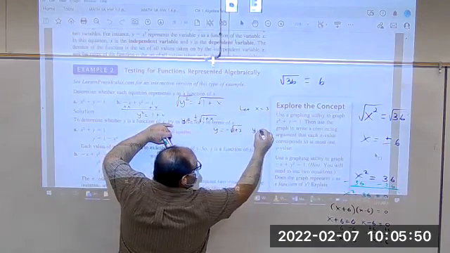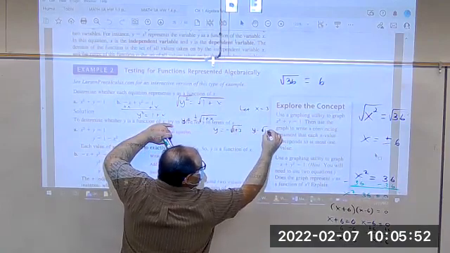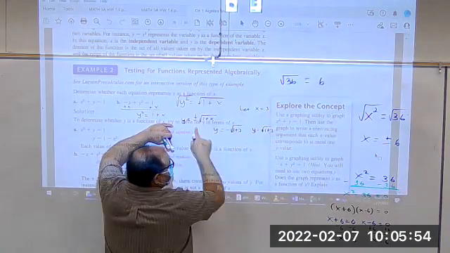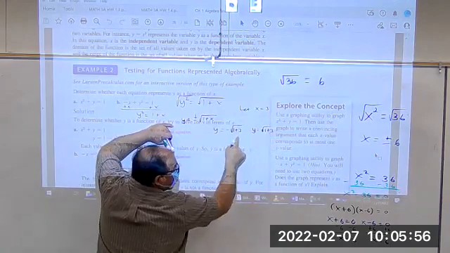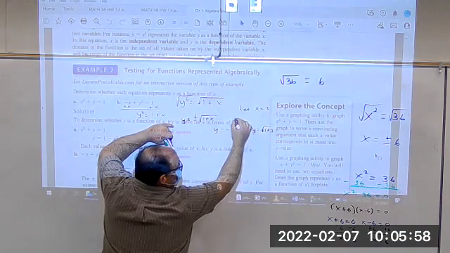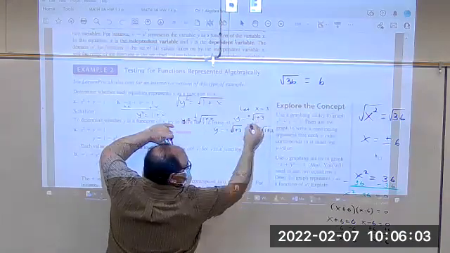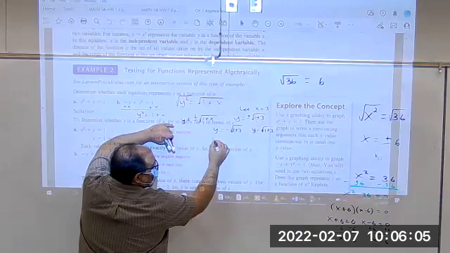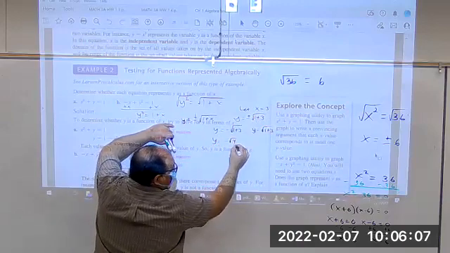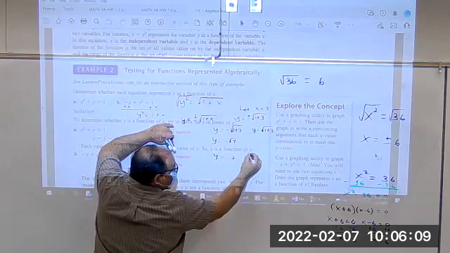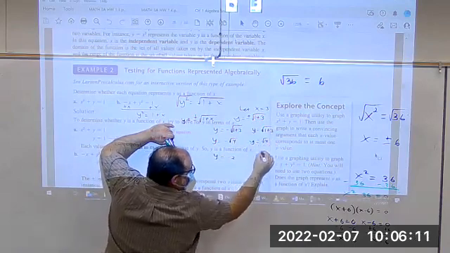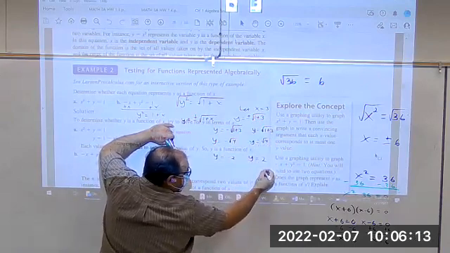It would also be y equals positive square root of 1 plus 3. Plus or minus, I have to split it into 2 parts. So now I get y equals negative square root of 4, so y equals negative 2. Y equals positive square root of 4, so y equals positive 2.